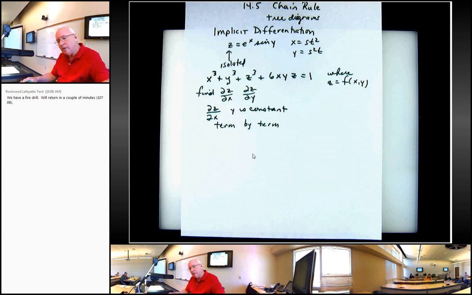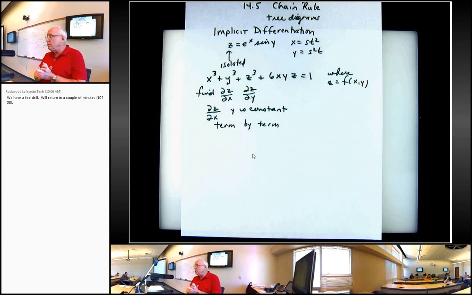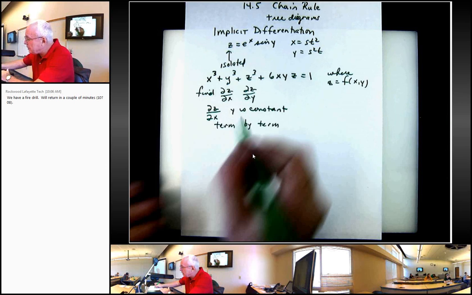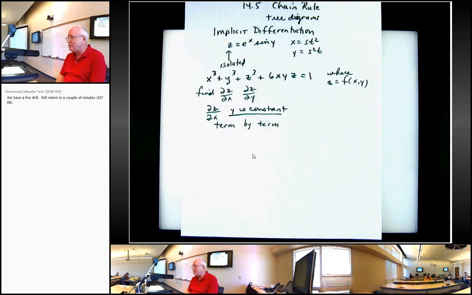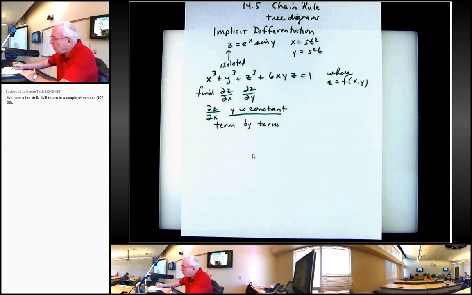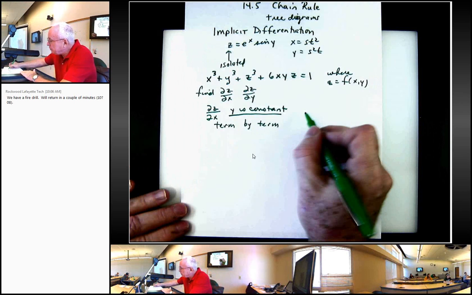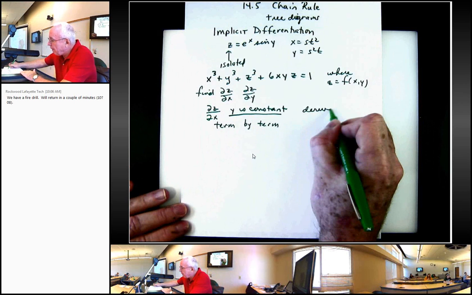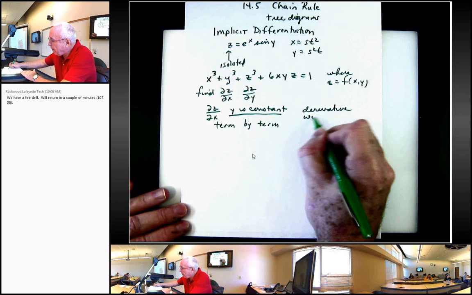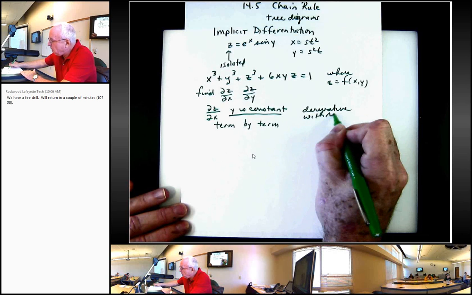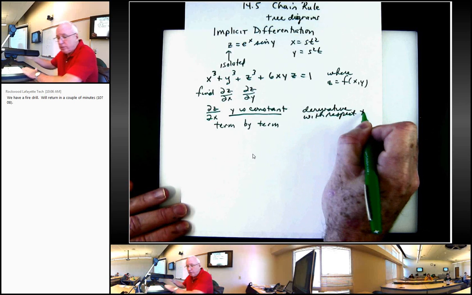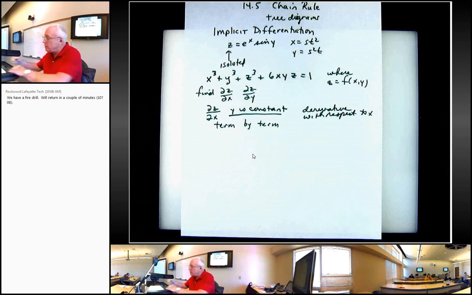All right, so we go term by term with this thing, and we remember all the time that y is being treated like a constant. We're doing the derivative with respect to x. That first term, x cubed, just becomes 3x squared.